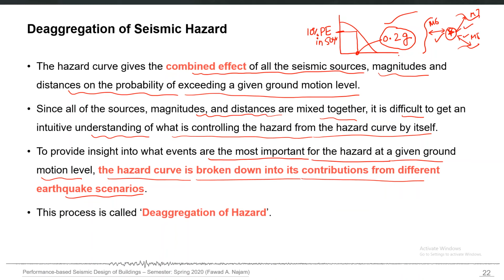But we can decompose it to come up with those contributing MR pairs, or magnitude and source-to-site distance pairs, which have the maximum contribution towards the hazard at my site, which is 0.2 g, let's say. This process of breaking down the hazard curve into the contributions of different earthquake scenarios is called the de-aggregation of hazard.